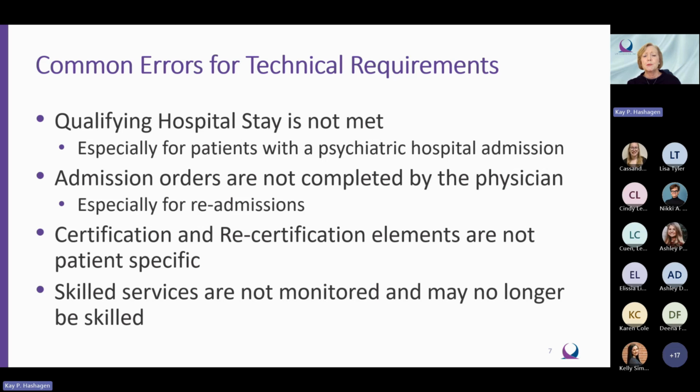Admission orders must be completed by a physician. An extender is not allowed to complete the admission orders. Check also if you have readmissions, because sometimes they are missed and they don't get written until a day or two later, and then those initial days might not be covered.